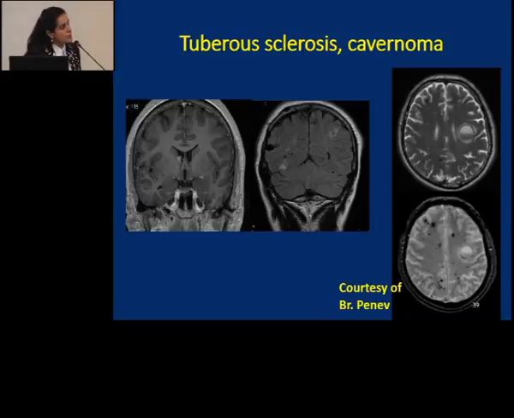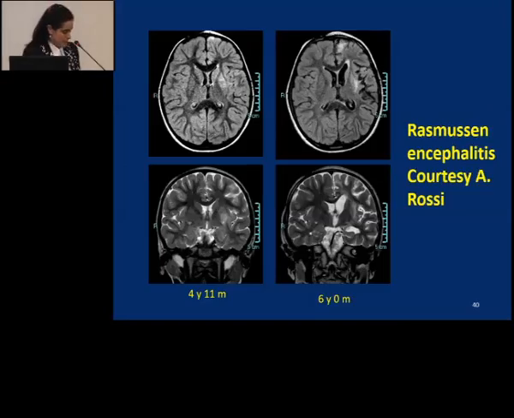And this one is without any genetics behind it. It is not a genetically proven multiple cavernoma. And this one is bleeding. So in case of cavernoma, you know that in some patients you can have acute bleeding. And this is the case given by Andrea Rossi.